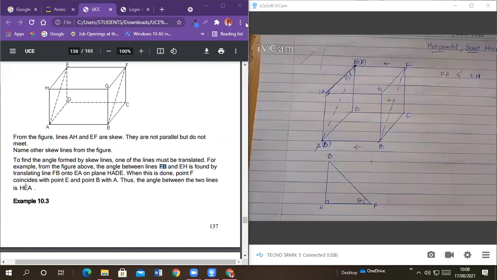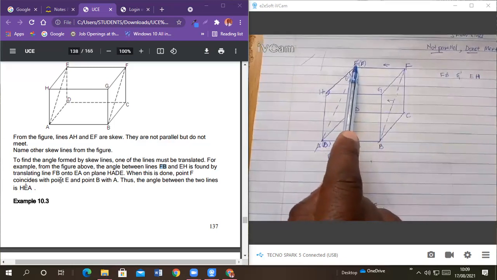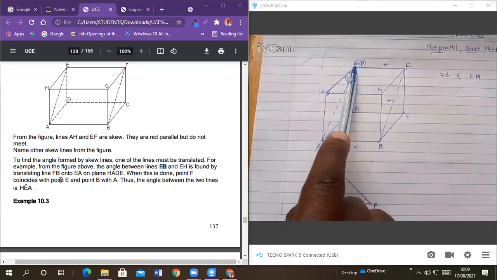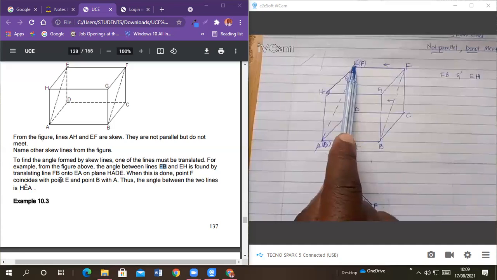Okay. They are saying that when this is done, when you move FB to EA, point F coincides with E and B with A. So point F coincides with point E, because we move F to point E. Are we together?